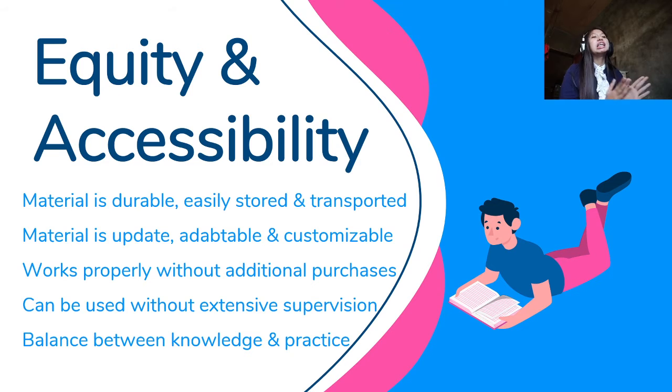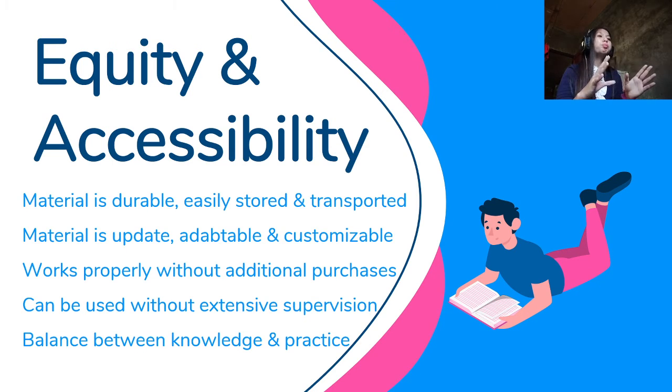Okay, then it can be used without extensive supervision. Okay, because that's why it is called self-learning modules. Self-learning because it should be used without extensive supervision. And then lastly, for equity and accessibility, the last indicator is that there should be a balance between knowledge and practice.